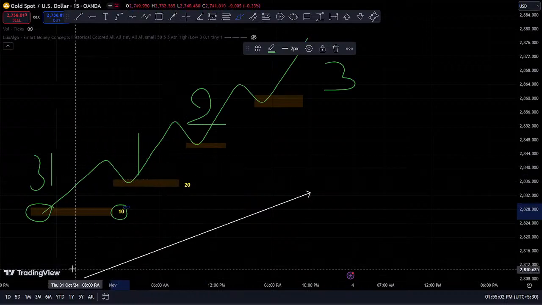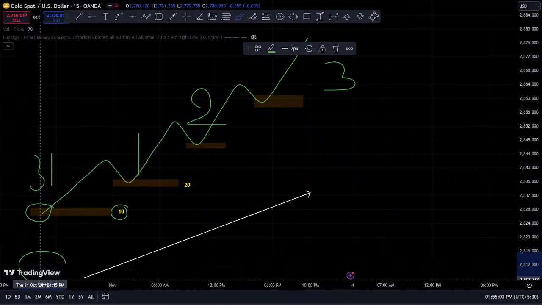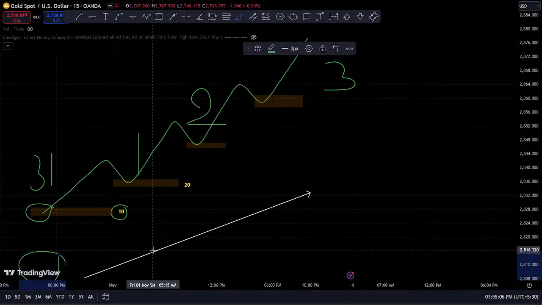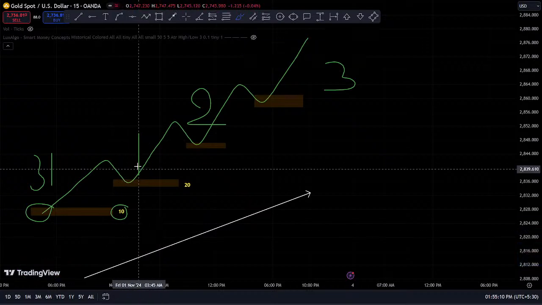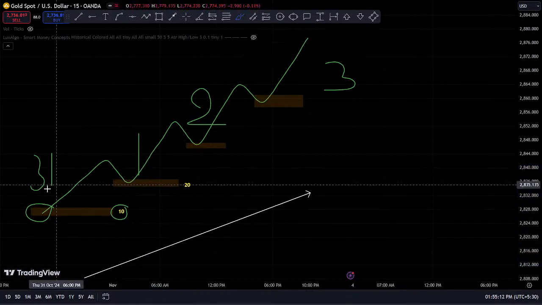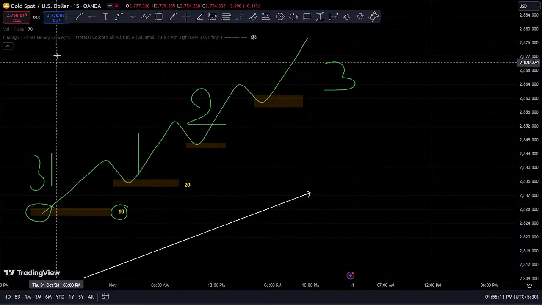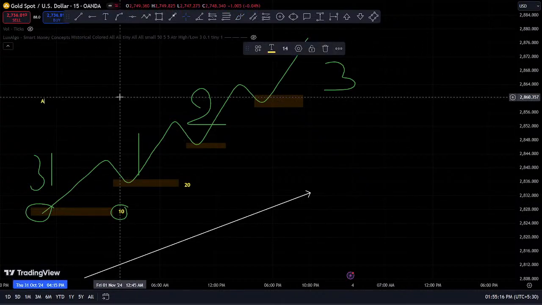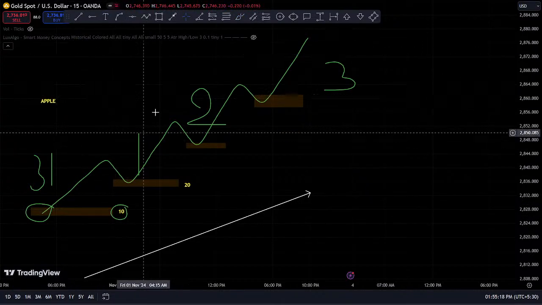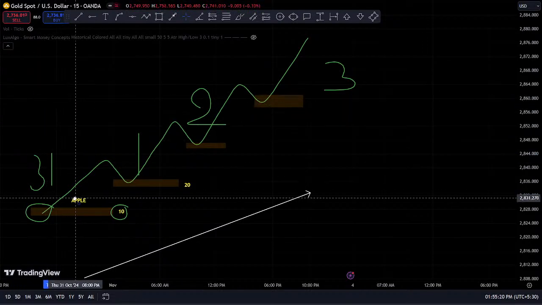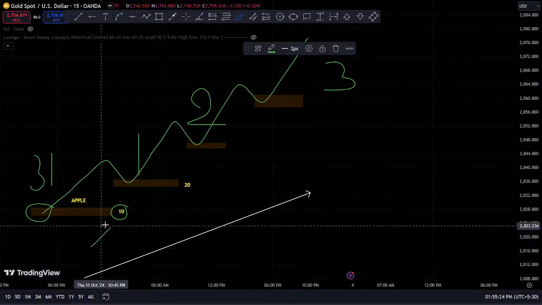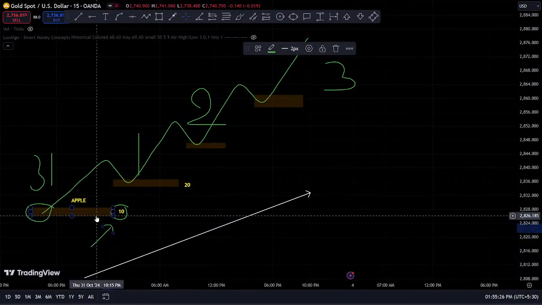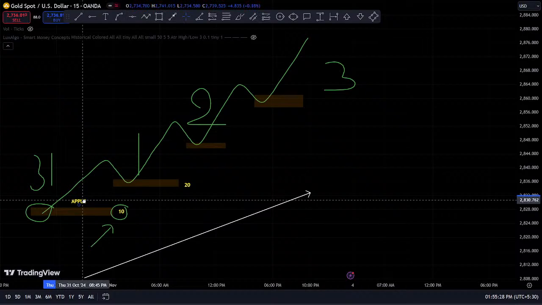Let's say this is also an apple. The people who are trying to buy this particular apple, for $10, these people were buying this thing on 31st of October.